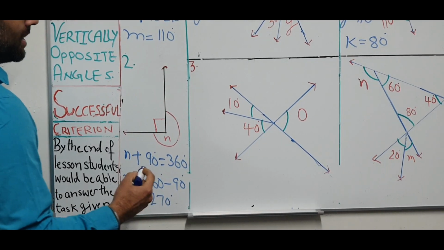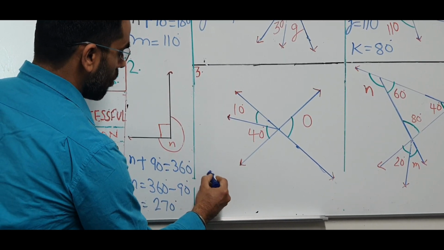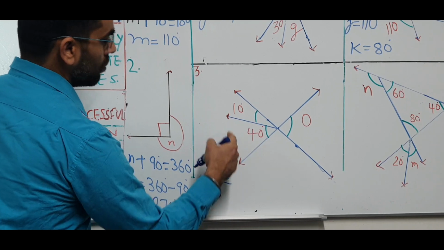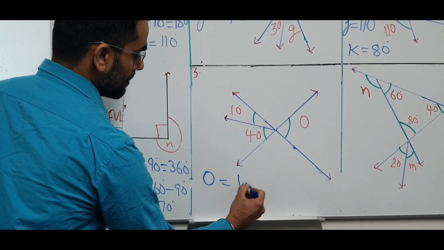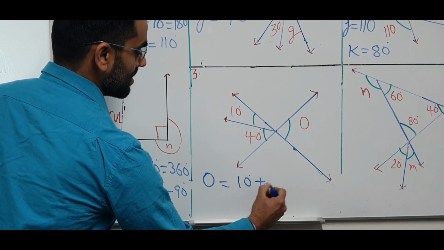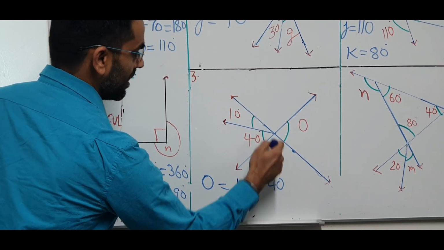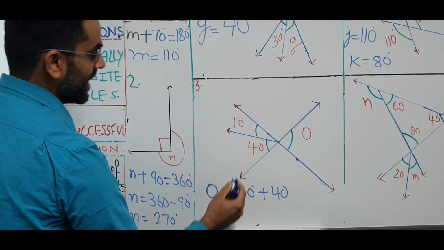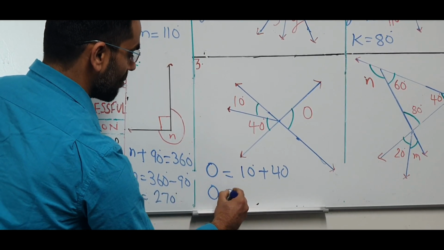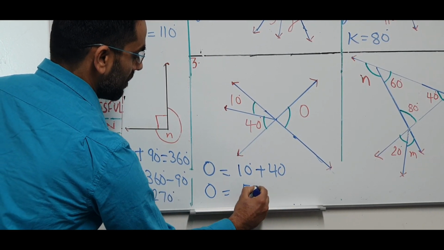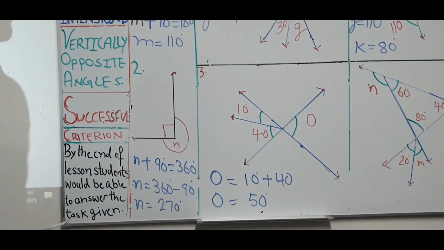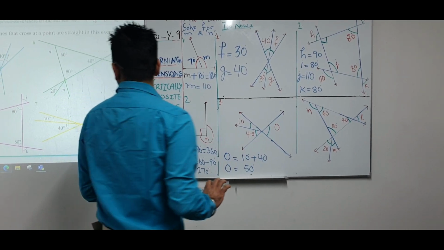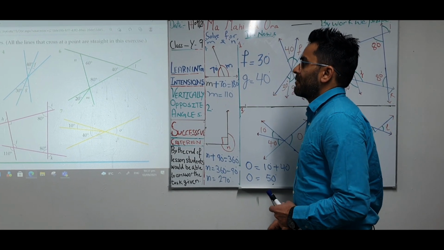So O is equal to 10 plus 40, because it is equal to the addition of 10 and 40. That means O is equal to 50 degrees. Now I'm going to move on to my question number 6.